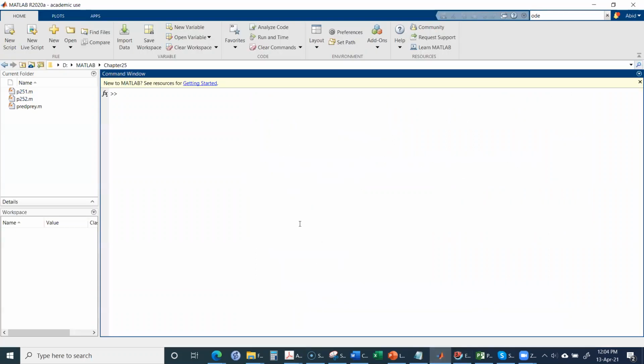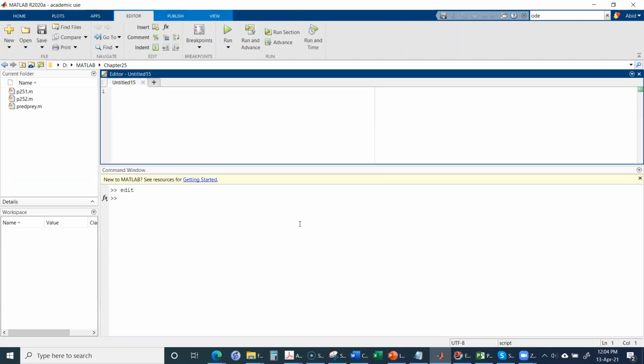For any solution of an ordinary differential equation in MATLAB, you will first go to the editor, and in the editor, you will write the format of the function.